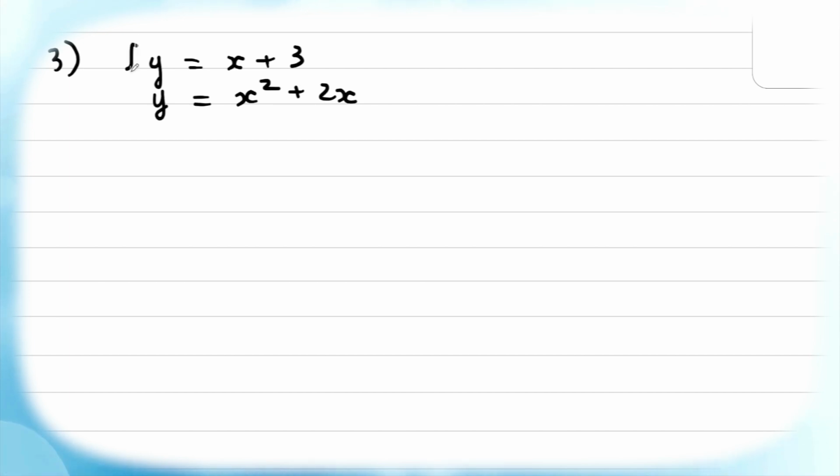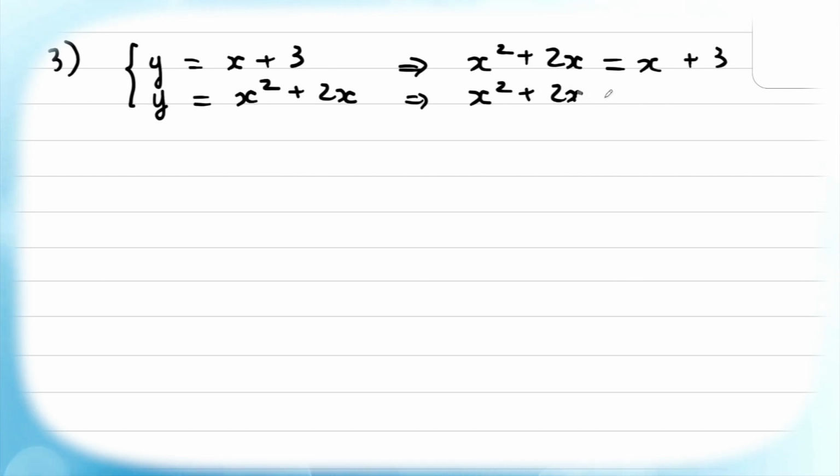The third example we have here is number 3: y equal to x plus 3 and y equal to x squared plus 2x. From here you get x squared plus 2x equal to x plus 3, and x squared plus 2x minus x minus 3 equal to 0, using algebraic simplification. So x squared plus x minus 3 equal to 0.